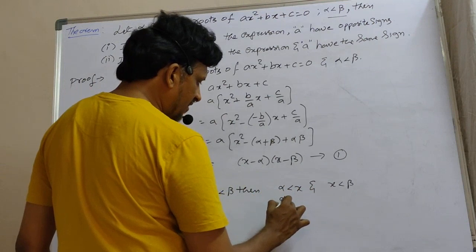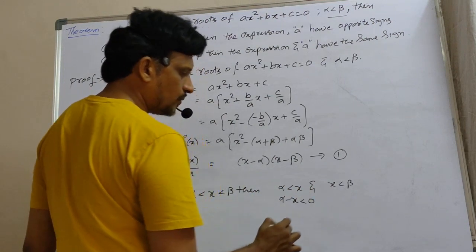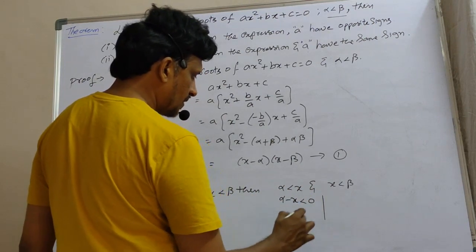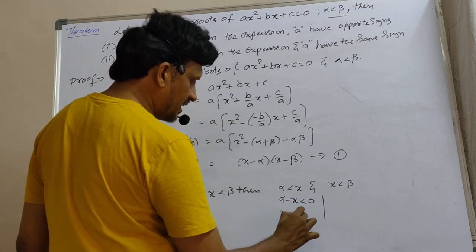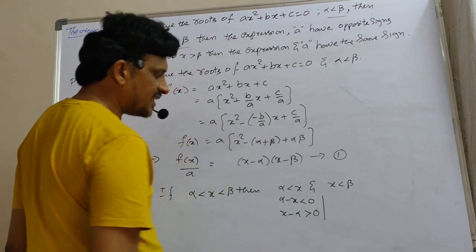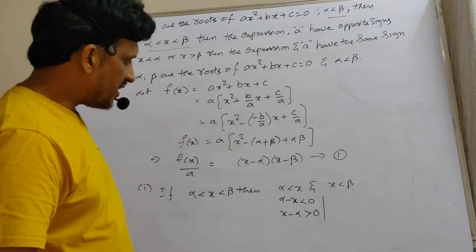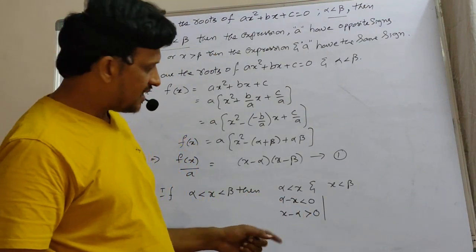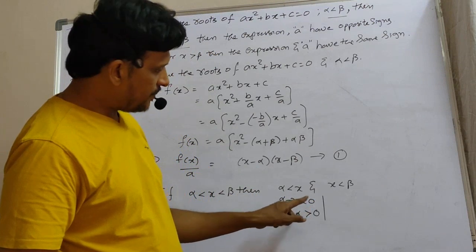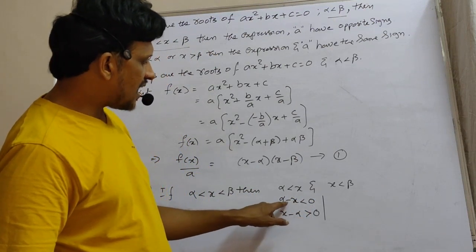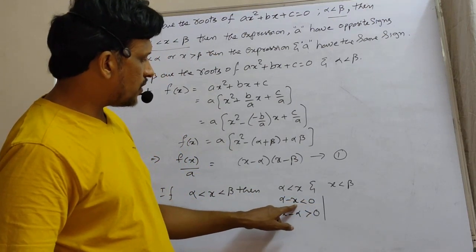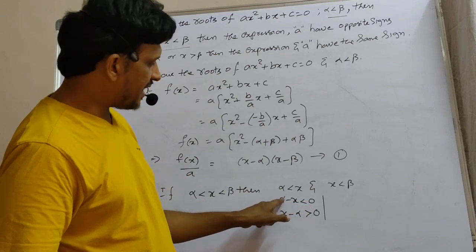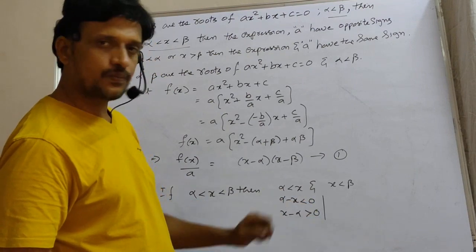From this, alpha minus x is less than 0. If you multiply with a negative sign, you will get x minus alpha is greater than 0. Whenever there is an inequality symbol, either less than or greater than, and you multiply with a negative sign, change the relation. Since alpha minus x is less than 0, multiplying with a negative sign gives x minus alpha is greater than 0.